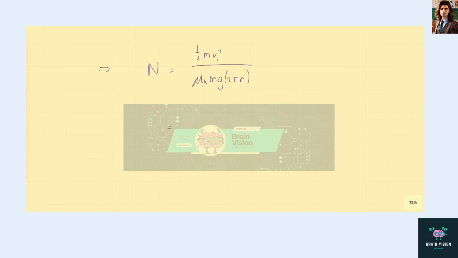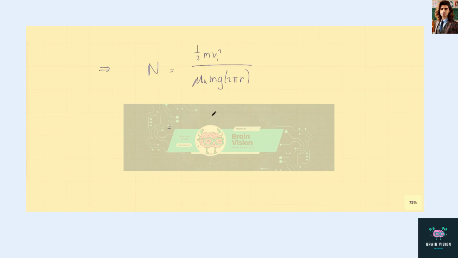And again, all of these values are known, so we can calculate the number of revolutions that the particle will make before coming to rest.